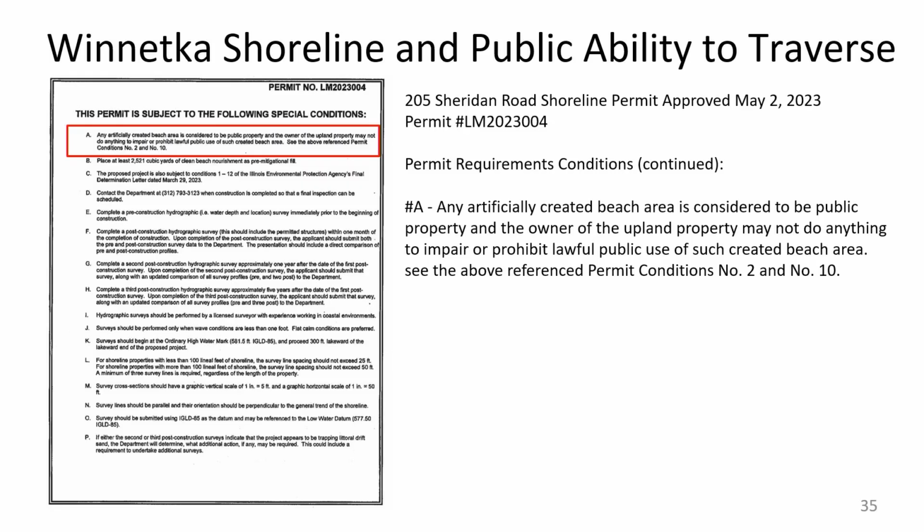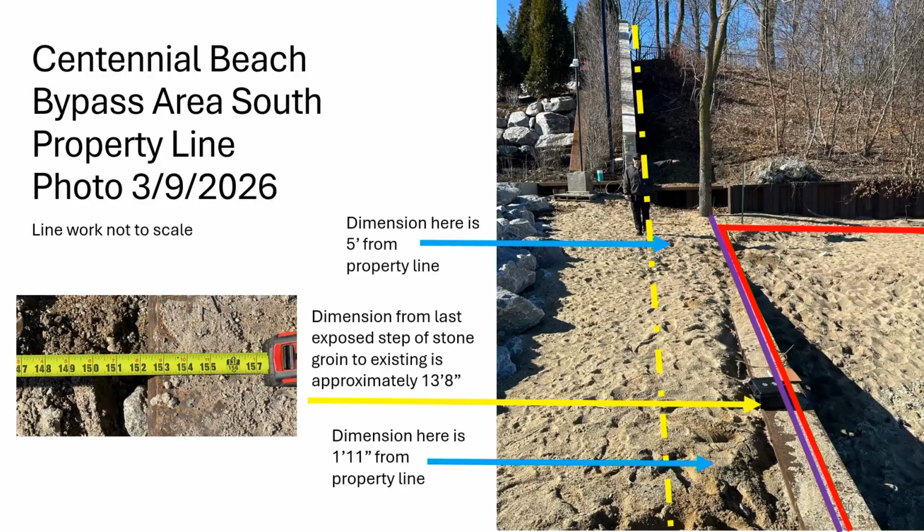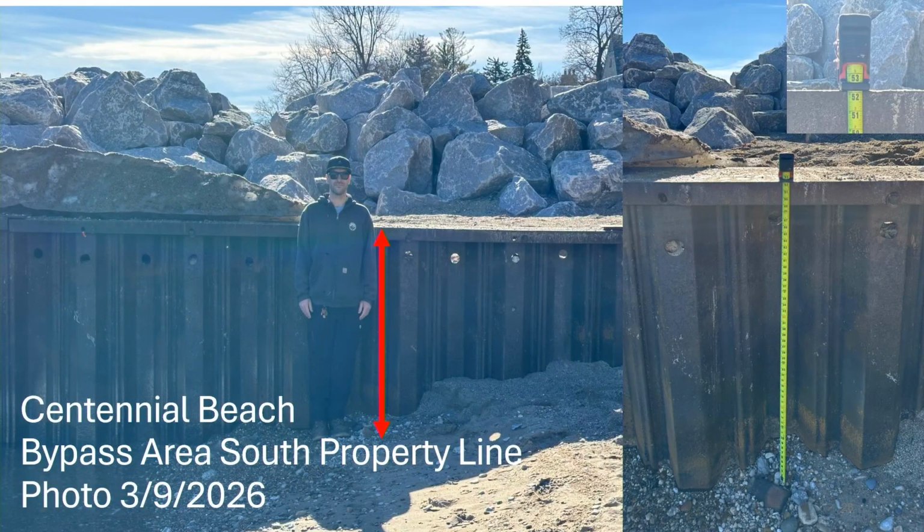So what we've tried to do with the current plan, if an individual were to walk straight, as Costa said before, from south to north, this is what they would be confronted with. To go straight across would not be really feasible.